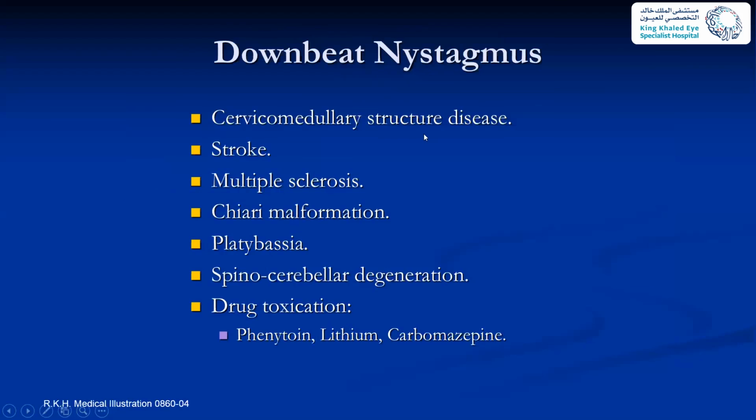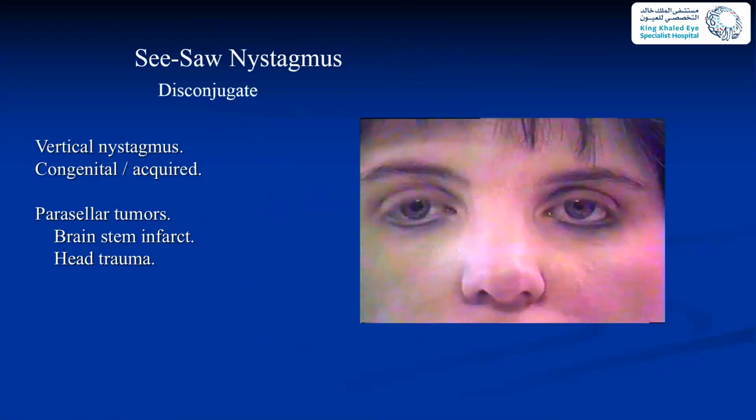Okay, so downbeat nystagmus is due to cervicomedullary structure disease, stroke, multiple sclerosis, Chiari malformation, spinocerebellar degeneration, and drug intoxication. So you have to have a clear history.